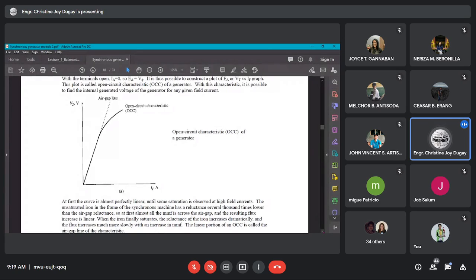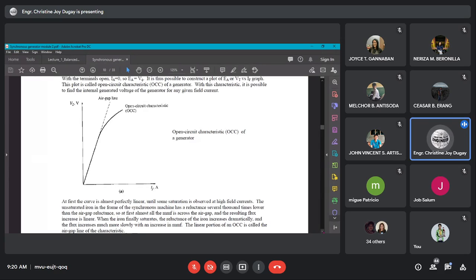Then the unsaturated iron in the frame of the synchronous machine has a reluctance several thousand times lower than the air gap reluctance. So, at first, almost all the MMF is across the air gap, and the resulting flux increase is linear.